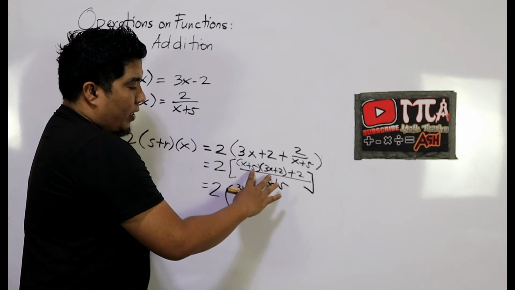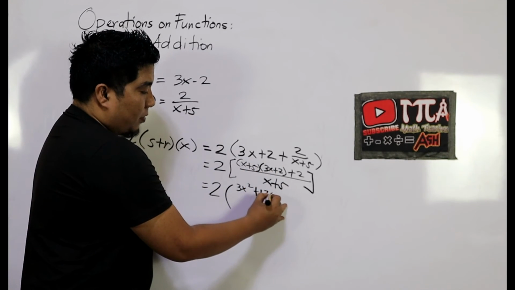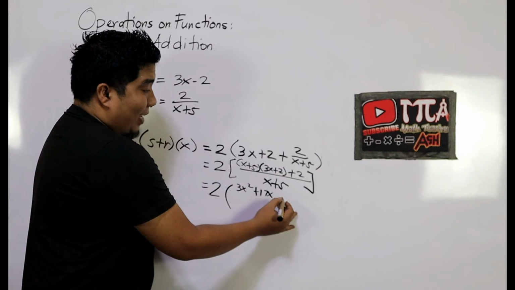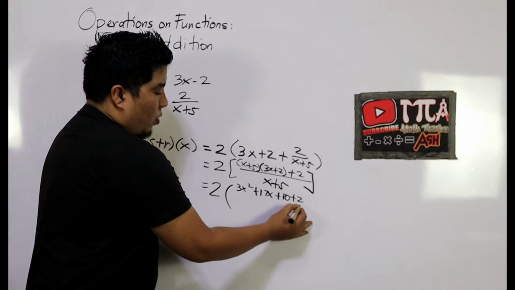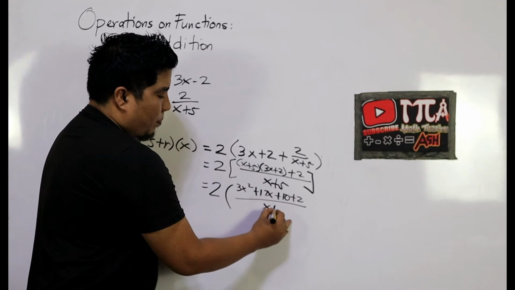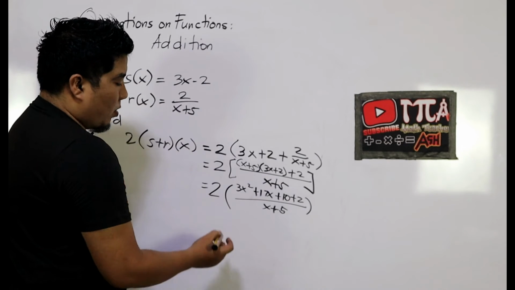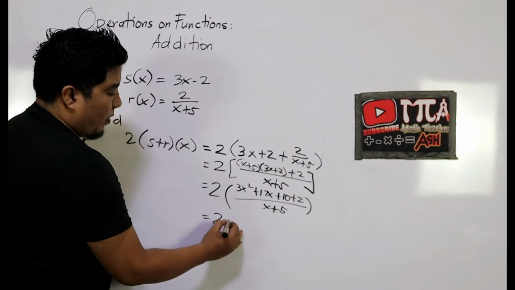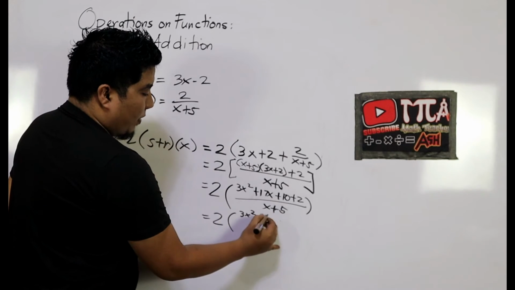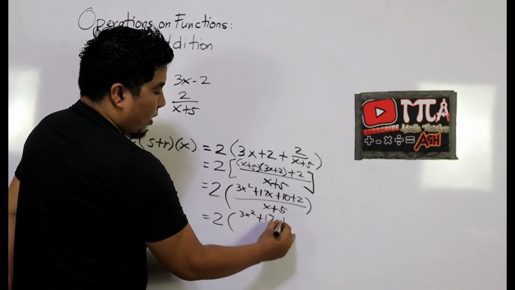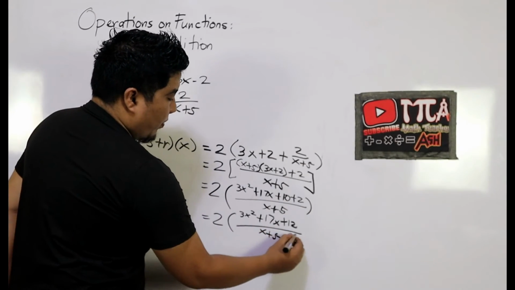Then we have here 15x, we have here 2x, so that is 17x. And then 5 times 2, that is 10. Plus 2 over x plus 5. Alright. Then simplifying, combining like terms, we have 3x squared plus 17x plus 12 over x plus 5.